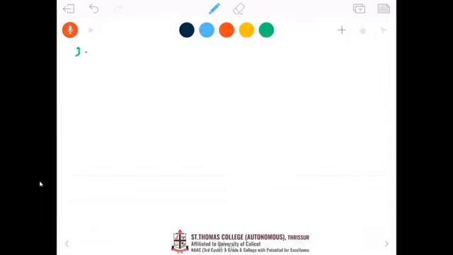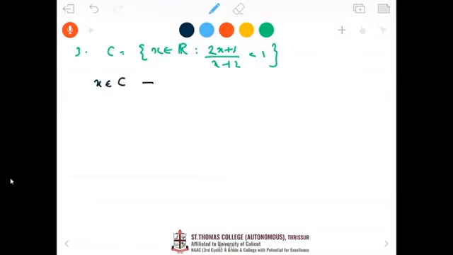Now the next one, the third problem. Determine the set C equal to the set of all real numbers which satisfies (2x plus 1) divided by (x plus 2) less than 1. So just assume that x is in C. So this implies and is implied by (2x plus 1) by (x plus 2) is less than 1.